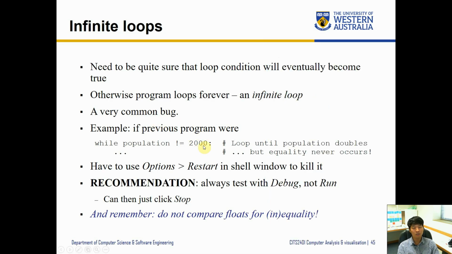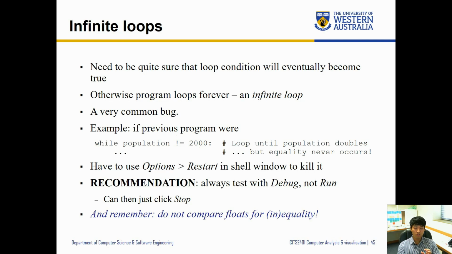It's not a counting value, it's computed, so it skips big numbers at a time. And therefore, we will never actually see population being equal to 2,000 in many of the scenarios. Therefore, population now will be greater, but since it's still not equal to 2,000, the while loop never ends. Okay, so I have to be very careful with it.